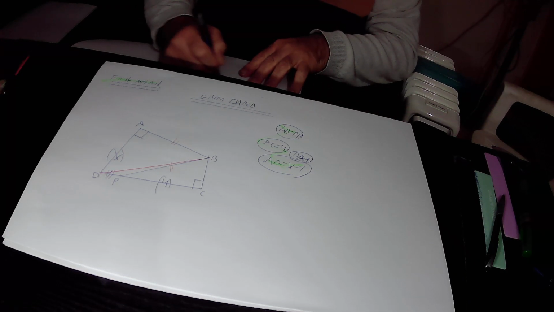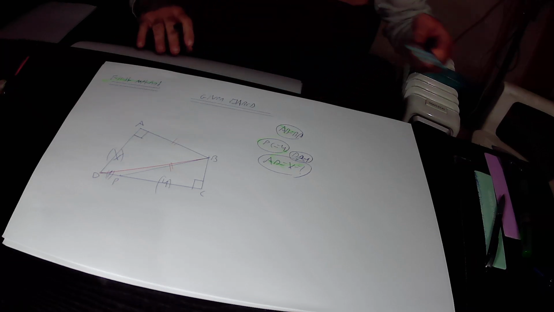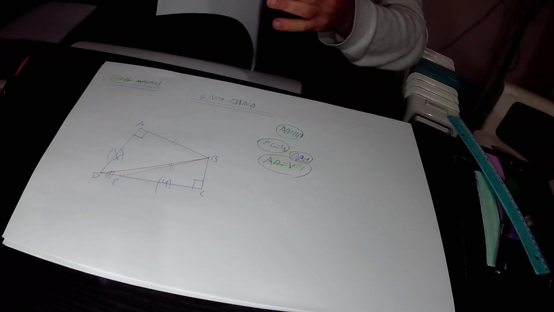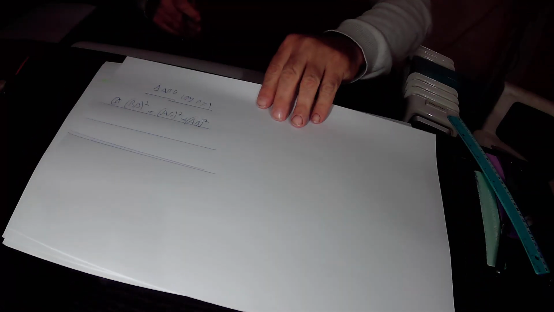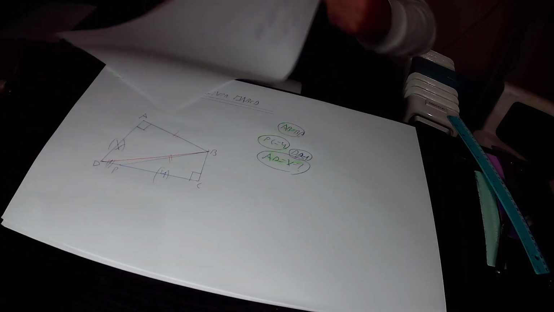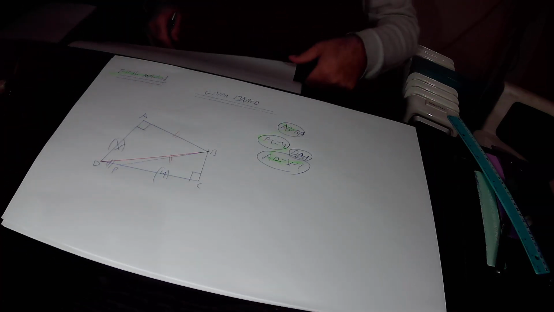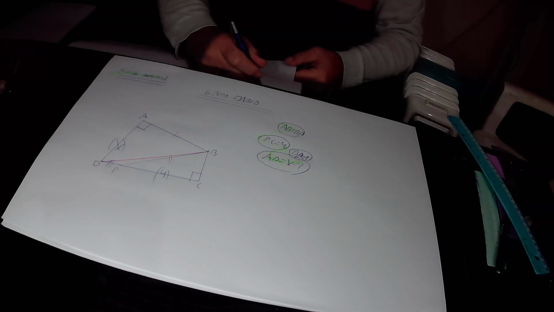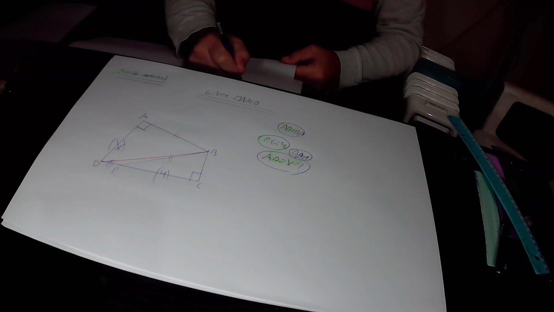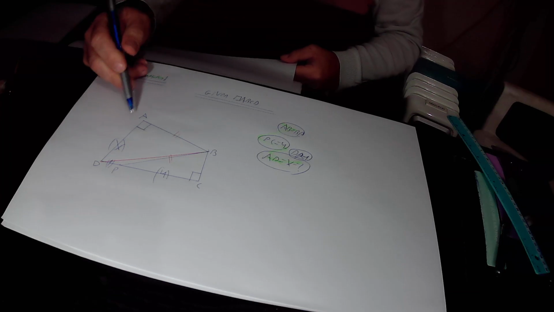Again, in this upper right triangle ABD, according to the Pythagoras theorem, BD square, that is the square of the hypotenuse, equals AD square plus AB square. BD is the missing hypotenuse, so we leave it as it is. It is BD square equals AD square.